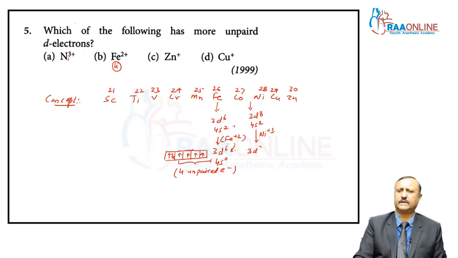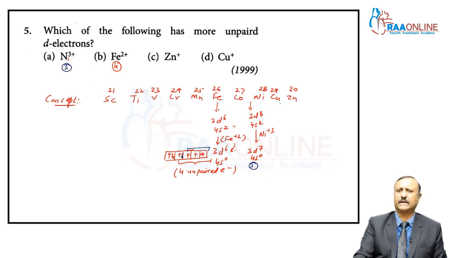So you get 3d7, 4s0. My dear students, when d7 is filled in the orbitals for nickel, you get only 3 unpaired electrons, 1, 2, 3. So in nickel you get 3 unpaired electrons in d orbitals.